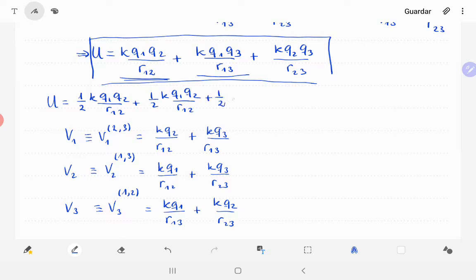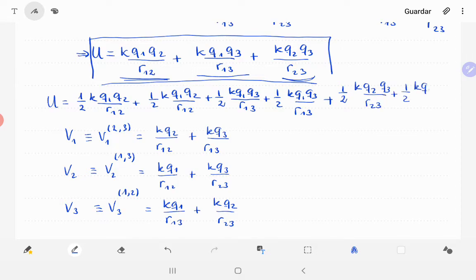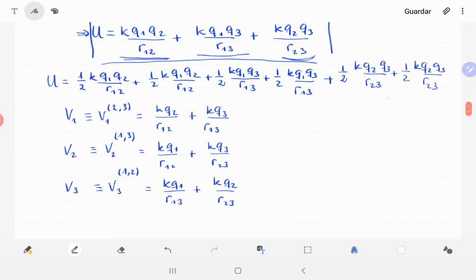So this is 1/2 K Q1 Q3 divided by R13 plus 1/2 K Q1 Q3 divided by R13, plus this last term, the same, 1/2 K Q2 Q3 divided by R23 plus 1/2 K Q2 Q3 divided by R23.